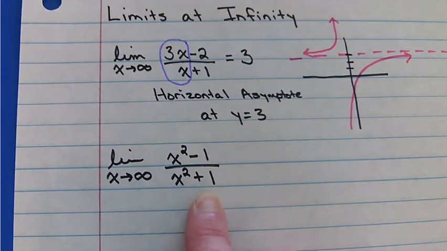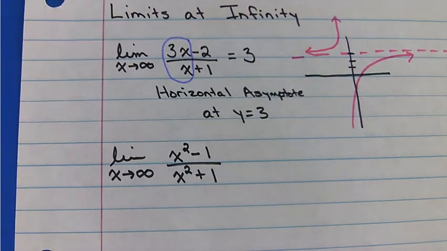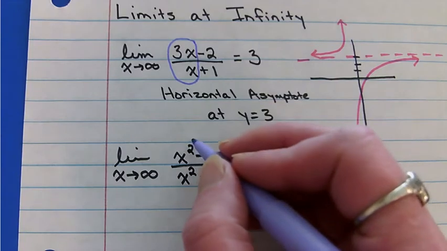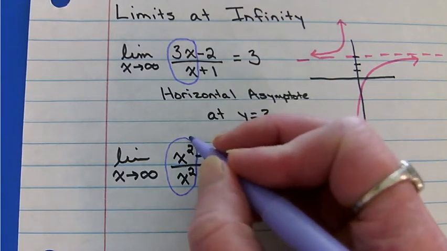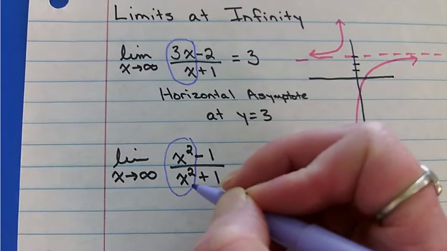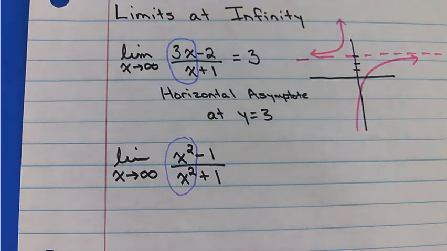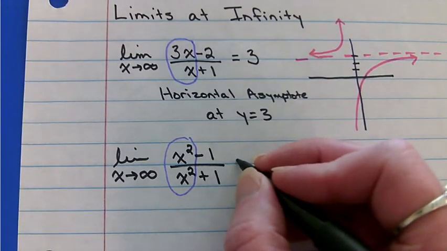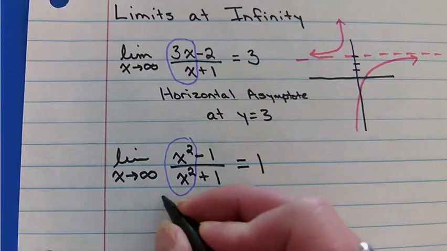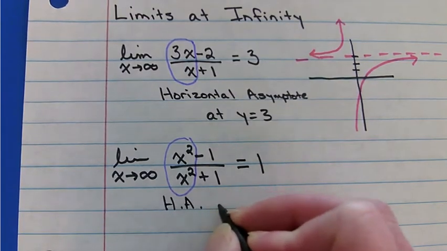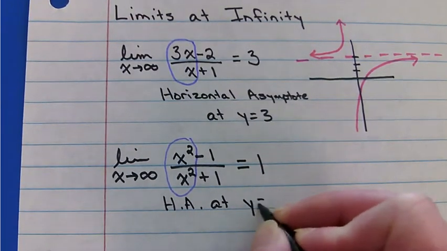Is adding 1 going to matter at all? No. This x squared is going to be the most important thing. So an x squared divided by an x squared is just going to leave me with 1. So I would have a horizontal asymptote at y equals 1.